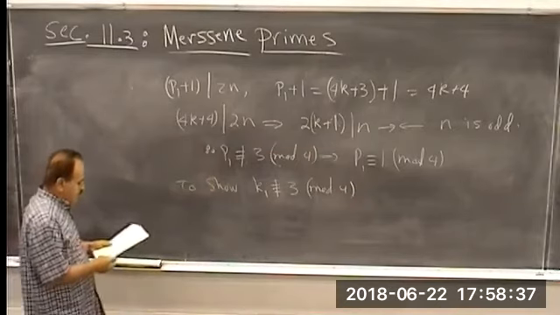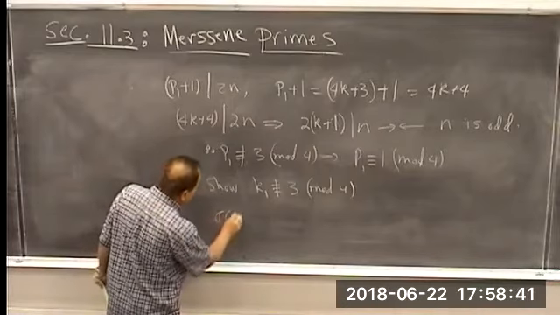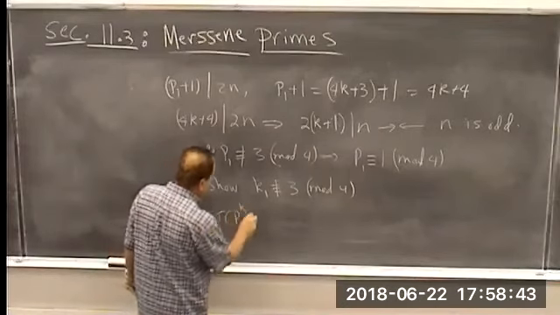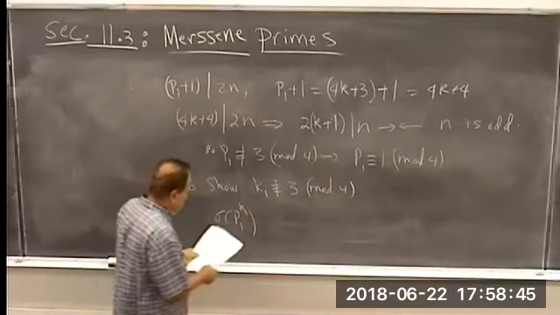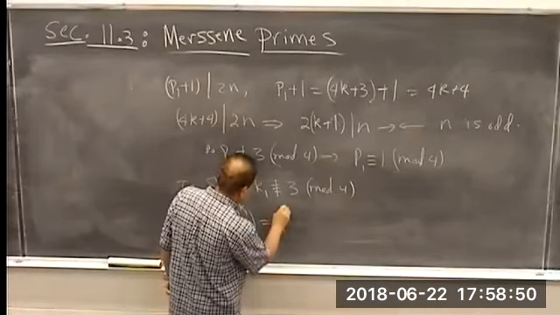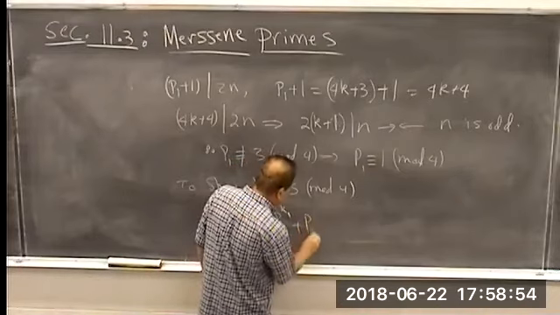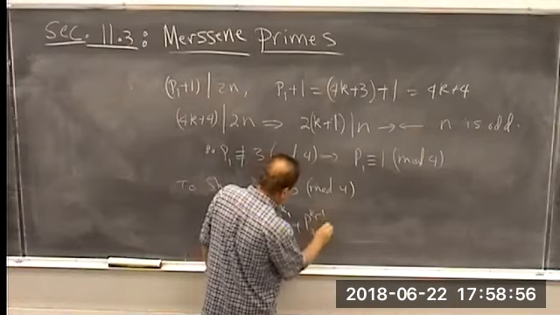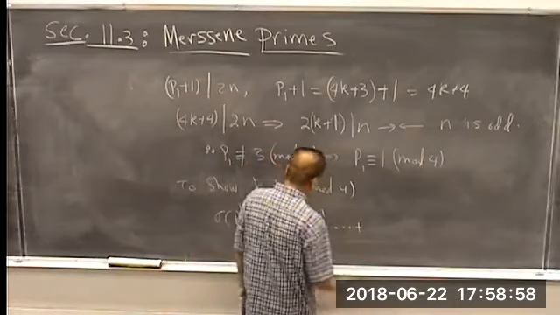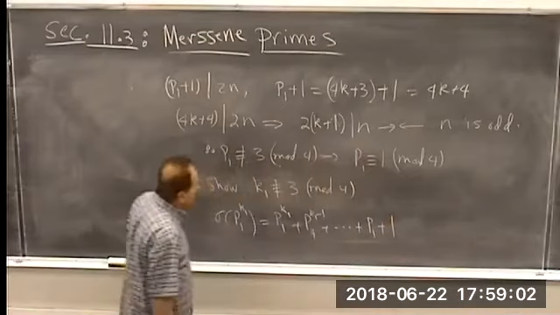So in this case, again, let's look at sigma of P1, K1. And this is the sum of all these powers of P1, plus P sub 1, plus 1.